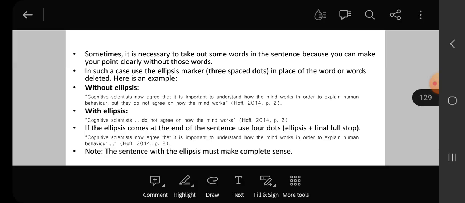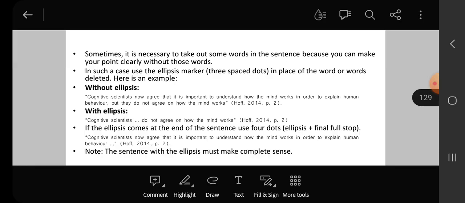So: cognitive scientists now agree that it is important to understand how the mind works in order to explain human behavior, but they do not agree on how the mind works. That's Hoff 2014 page 2. So it is giving you an idea that the cognitive scientists do not agree on how minds work.